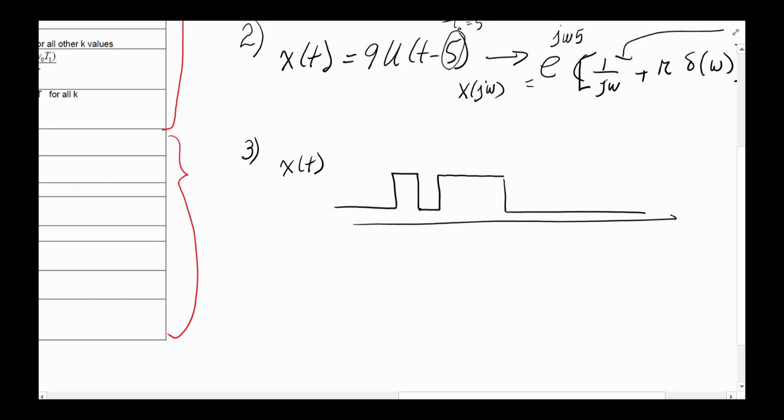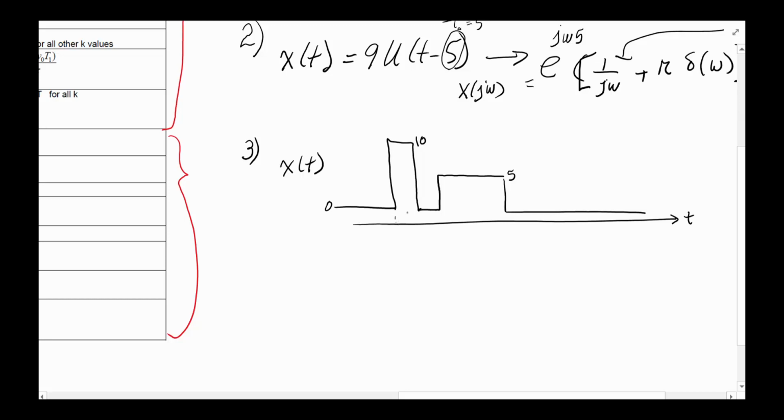This is t. This is the magnitude. Let's make it a little more interesting, so maybe make this one a little bigger. So let's say this is set at 10, magnitude of 10. This is magnitude, pulses magnitude of 5. And by the way, these are all 0. I drew it a little bit above the line just so you can see it.